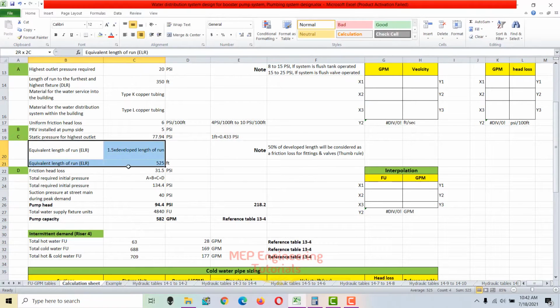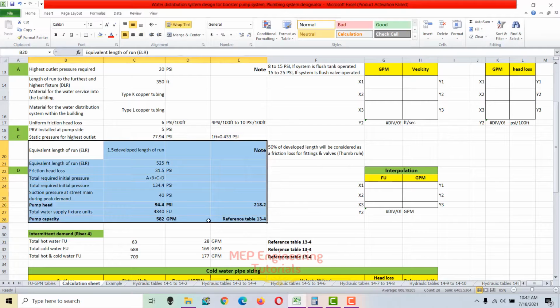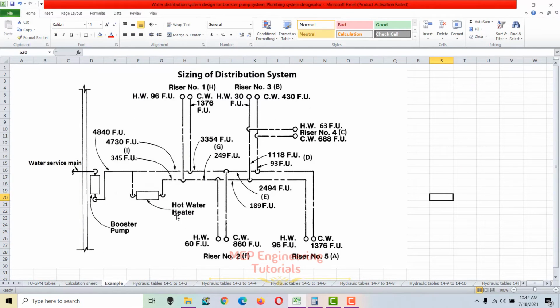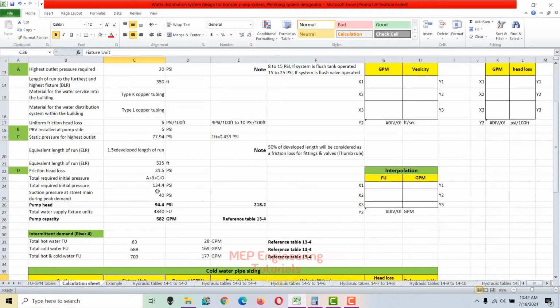Now the next thing is the equivalent length of run for this system. Equivalent length of run will be the sum of the straight piping length, which you can see here, plus valves and the fittings used in this system. Since we don't know the sizes of the pipe, we use this note.